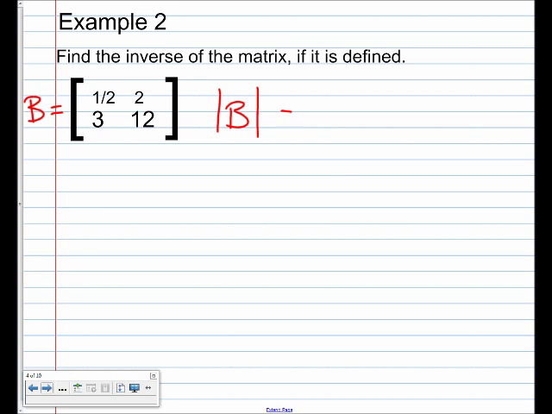Okay. Let's see. Who am I going to call on for this one, for the determinant? Kiana. Very good. So half times 12 minus 3 times 2. Take 10 seconds. Calculate it.